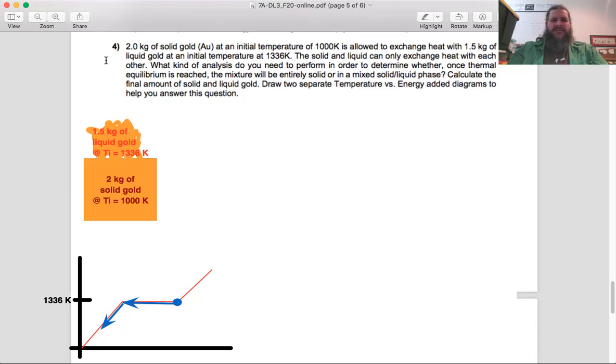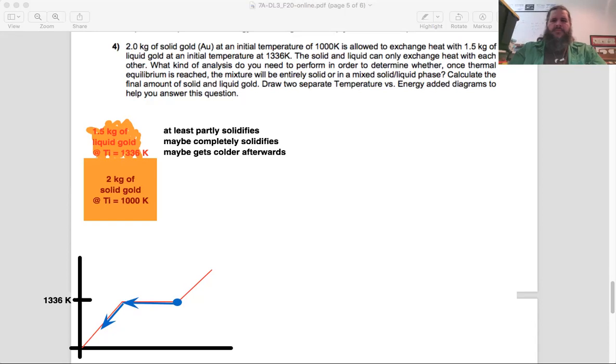Meanwhile, what's happening to the solid gold? The solid gold, yeah, it's going to gain thermal energy. So that means it's going to get hotter. It increases its temperature. What's the hottest the solid gold could get here?